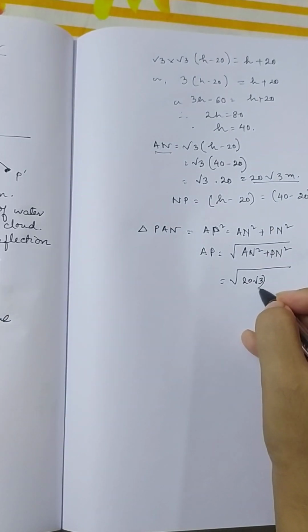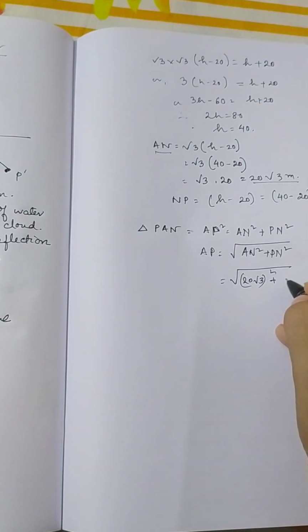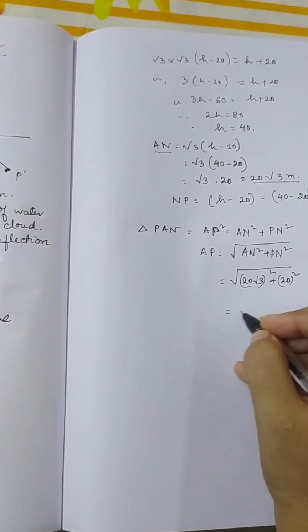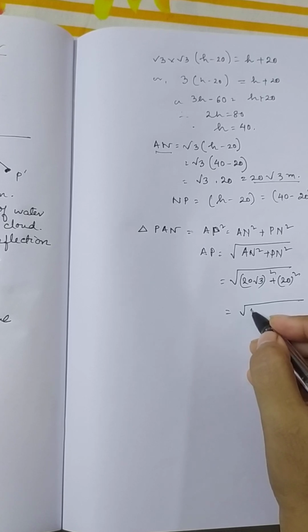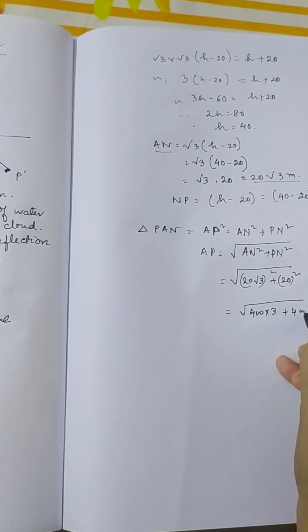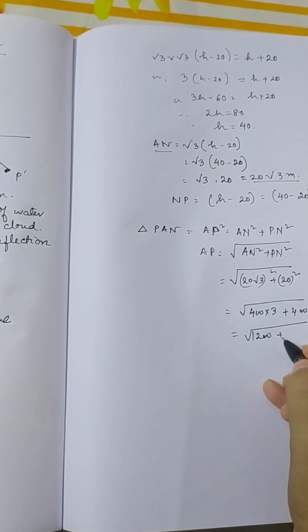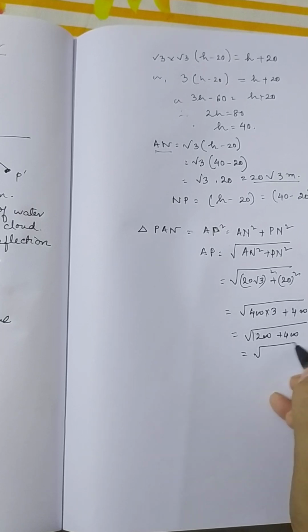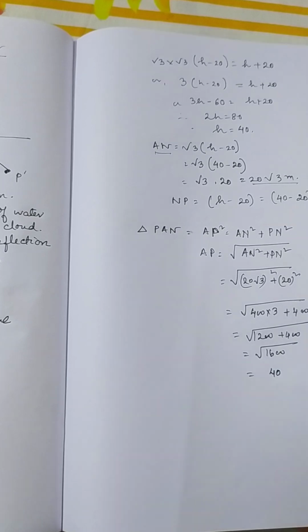So 20 root 3 square plus 20 square will be 400 into 3 plus 400, that means 1200 plus 400, that is 1600. So it will be 40.